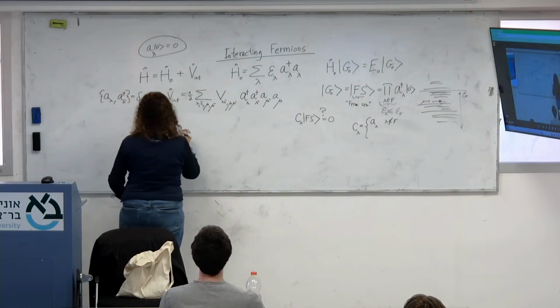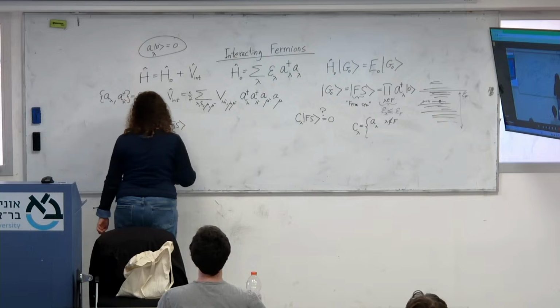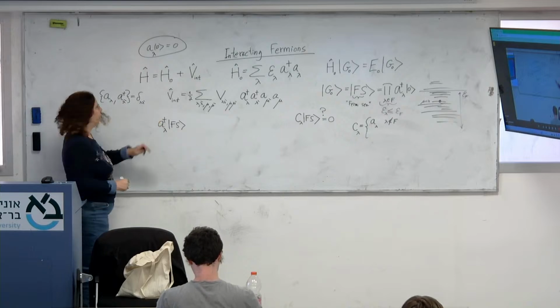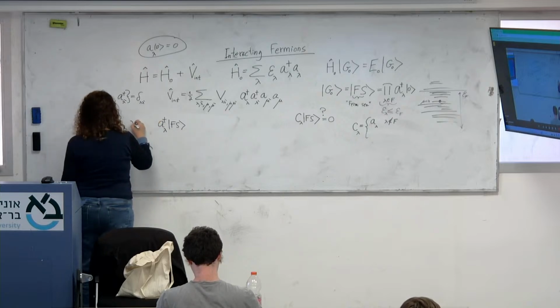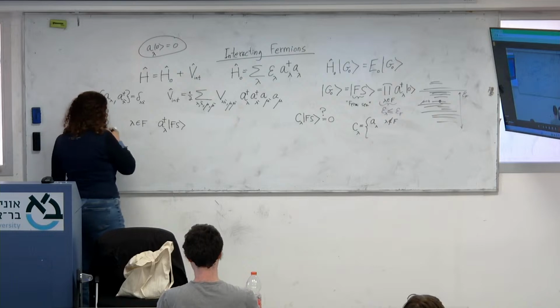Okay, so let's take our Fermi C state, and now I'm applying on it a creation operator, a dagger, with lambda that belongs to F. Okay?